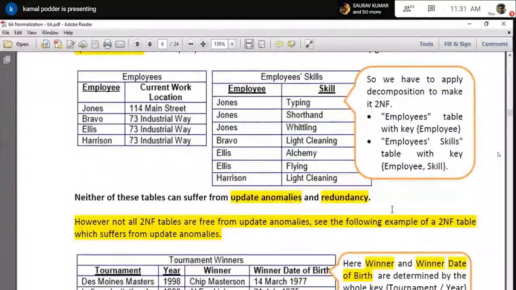Actually, if we achieve this, then we can say that we have achieved the second normal form.